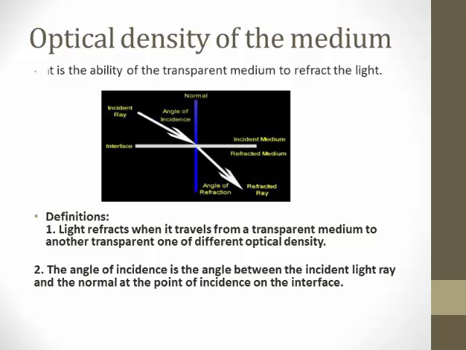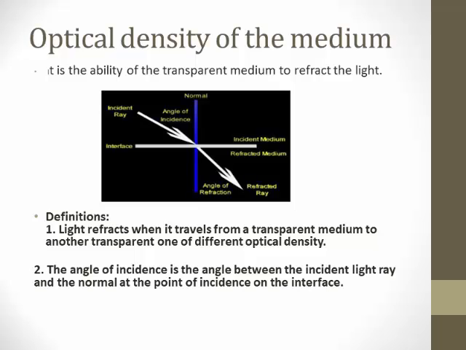Number one: light refracts when it travels from a transparent medium to another transparent one of different optical density. So the most important thing is that refraction happens when light travels from one transparent medium to another transparent one.